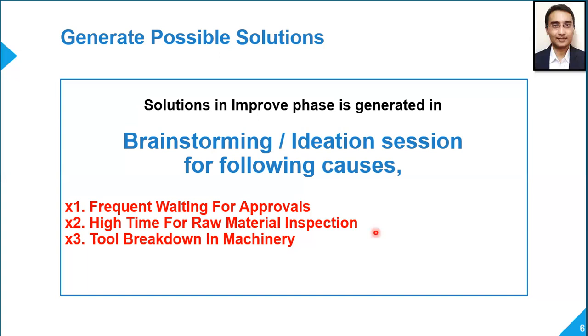So let's come up with as many solutions as possible. Right now, no solution, no idea is rejected by us. So whatever you think, please do come up. We already carried out a similar sort of exercise during finding the list of the probable causes. So right now, let's find out the probable solutions.